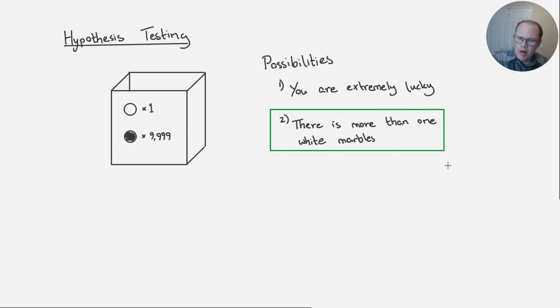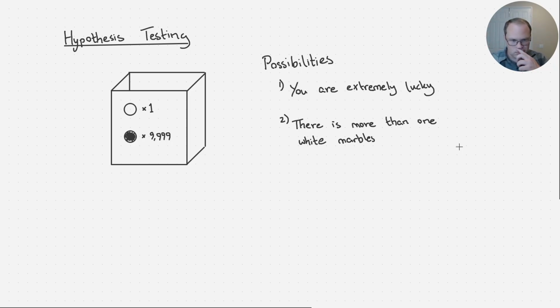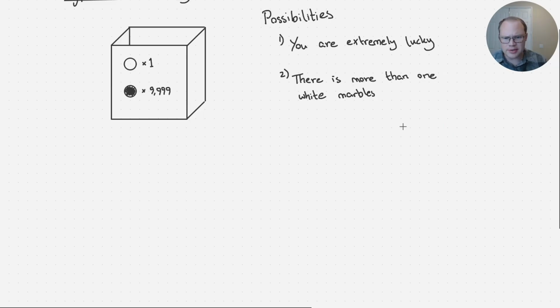So based on that evidence, we might conclude that I don't think the original claim, or the original hypothesis, is actually correct. I don't think there's just one white marble. I think there's more than one white marble in that box, based on the fact that the one time I picked a marble, it was white. This is the basic idea behind a hypothesis test.